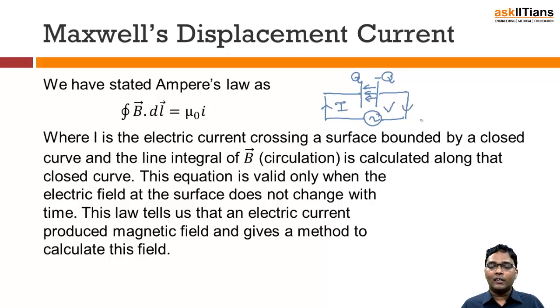So the current, by any analogy that we talk about, should stop at this point and similarly should start from this point. But isn't it kind of inconsistent, because current has to move in a closed circuit. Here it's open. So how exactly is the current moving?